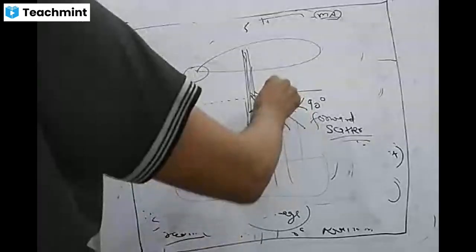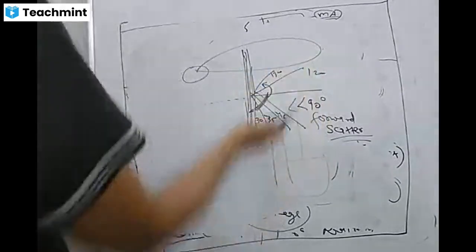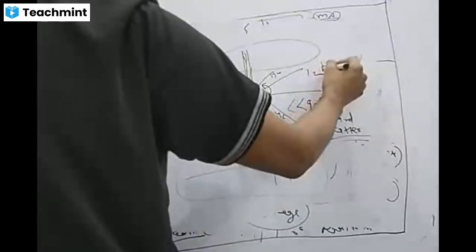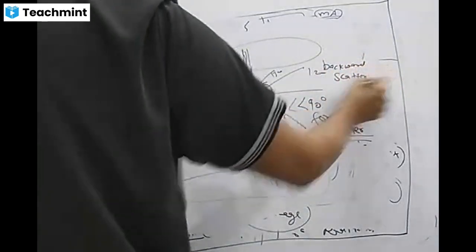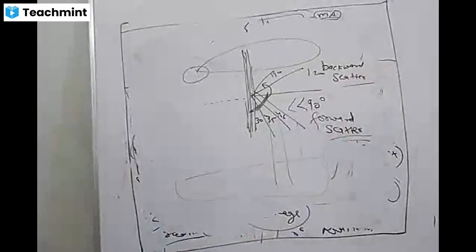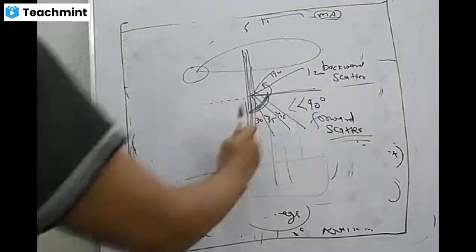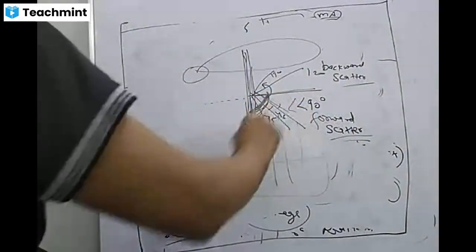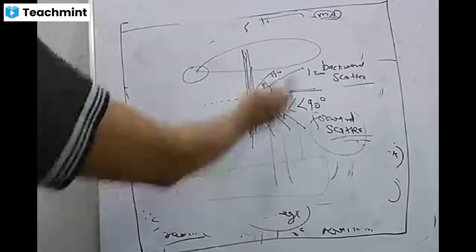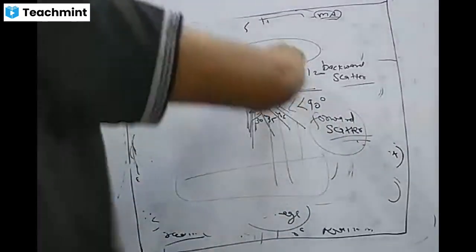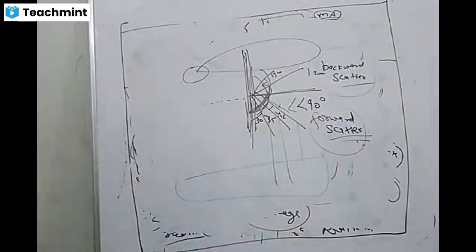But if the angle is more than 90, suppose 120 or 130, then this is called backward scatter radiation. Just for definition purposes: less than 90, like 30, 35, 40, 48, is forward scatter, scattering toward the film. If it is more than 90, it is called backward scatter.